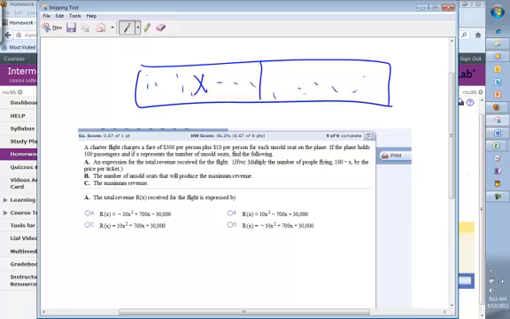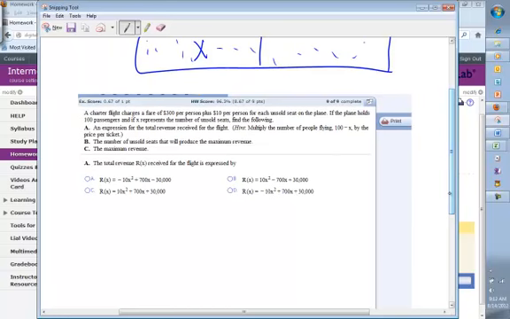These are unsold, so the ones that are sold are 100 minus X. So the revenue as a function of unsold seats is the number of sold seats, because that's where you make your money, times how much does it cost for those sold seats. $300 plus $10 per person for each unsold seat.